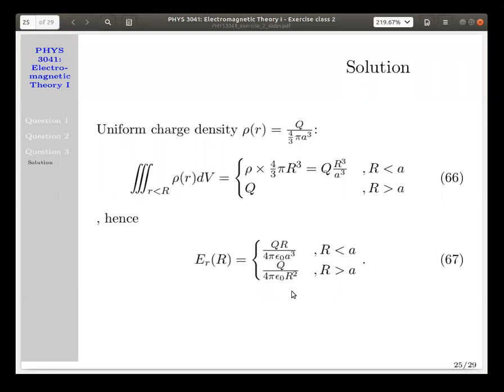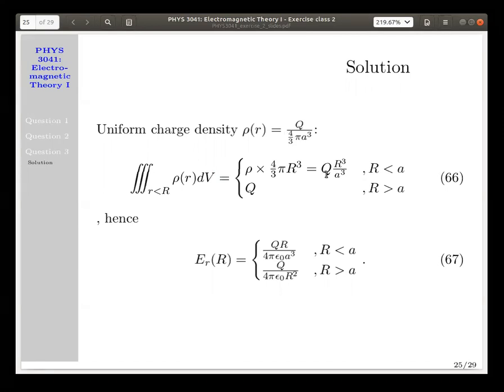The second case is when we have a uniform charge distribution. So here we have rho simply equal to the total charge Q over the volume of the sphere. And therefore, the integral here, when it's inside the sphere, is simply the density multiplied by the volume of the Gaussian surface, which is 4 over 3 pi r cubed.